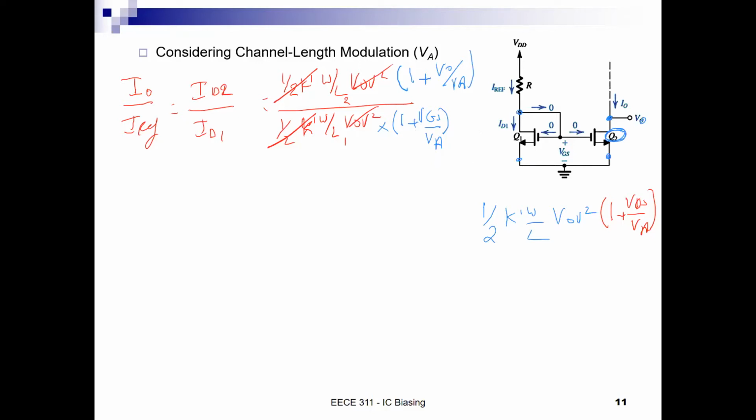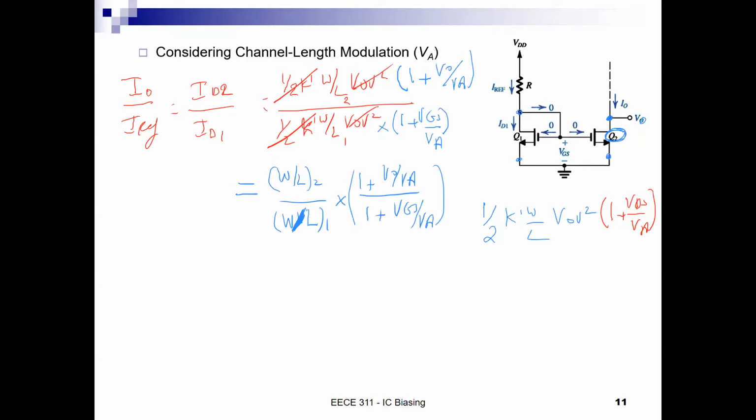So in this scenario now, this tells me that what I will end up with is W by L2 over W by L1 times 1 plus VO over VA over 1 plus VGS over VA. When do I get rid of the channel length modulation?